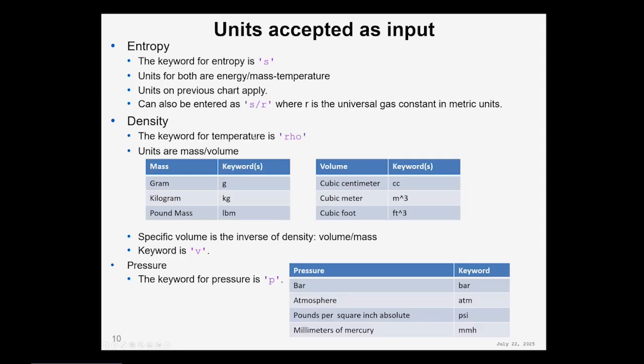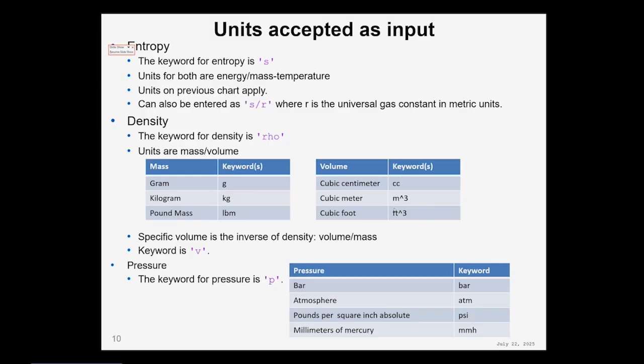Density has a keyword of rho. Typo here I'll have to fix. The units are mass per volume. The acceptable masses are shown here. The acceptable volumes are shown here.